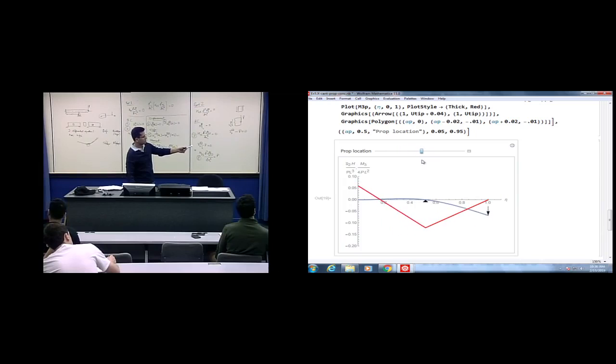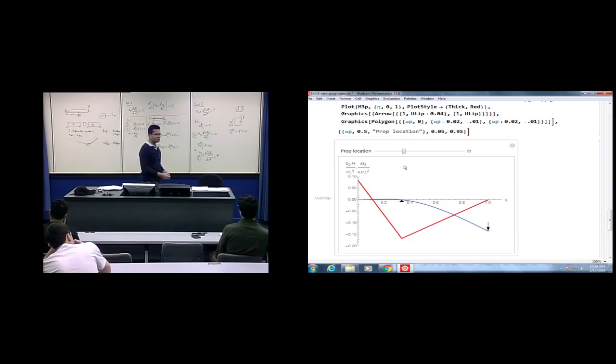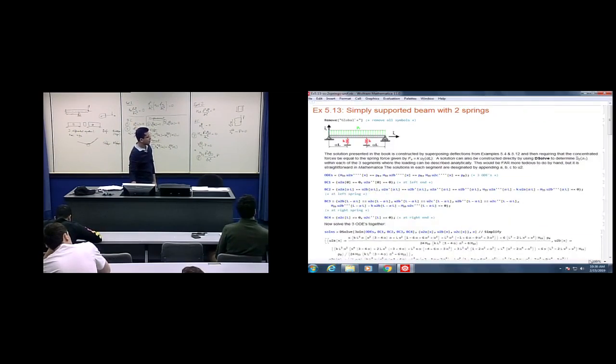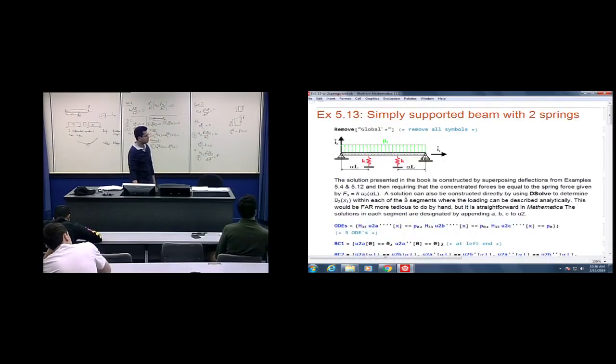By just putting it at, let's say, 0.5, you can get a significant amount of reduction in displacement, and then there is not much benefit. So all this analysis can be studied with any solver like Mathematica. But let's move on to another problem. Here we have a problem with 2 springs, and we'll quickly go over the boundary conditions for this.